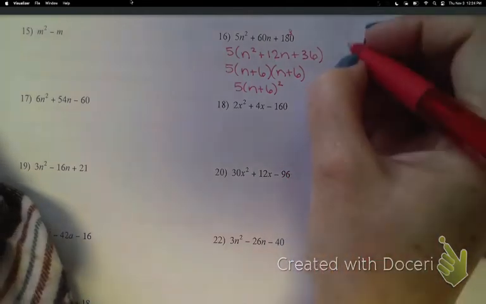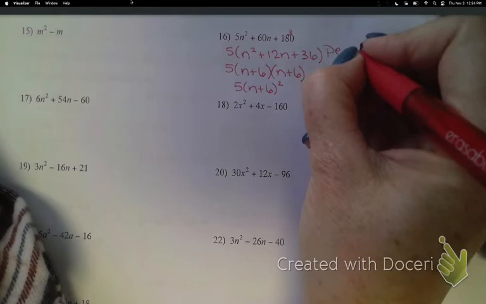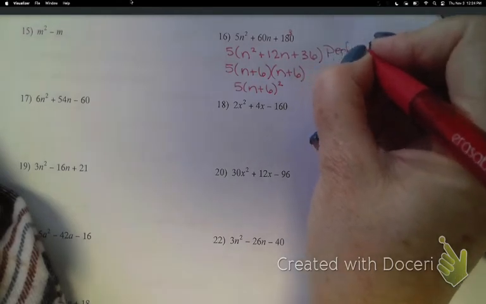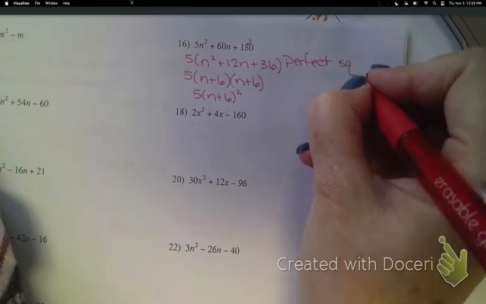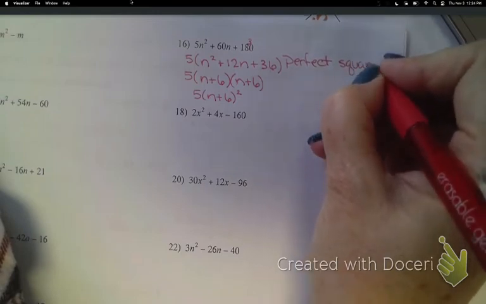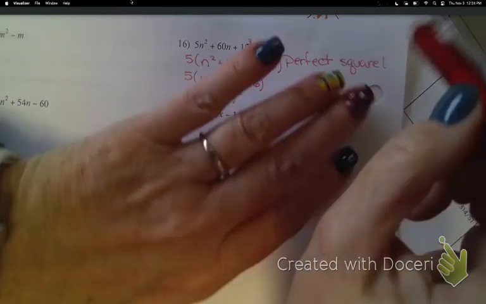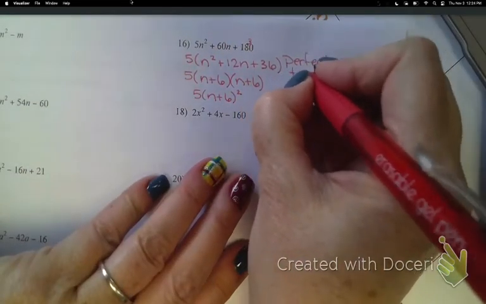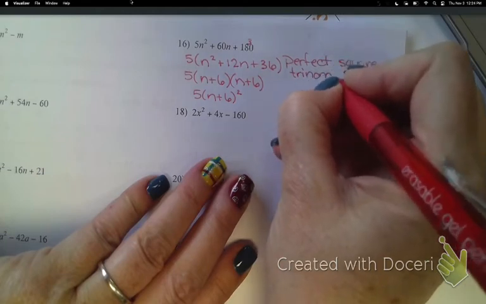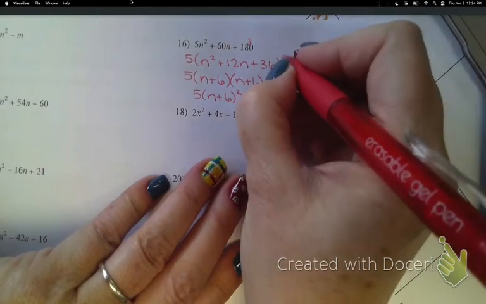Okay? So this is called a perfect square trinomial. Which one will we have another one? I think so.